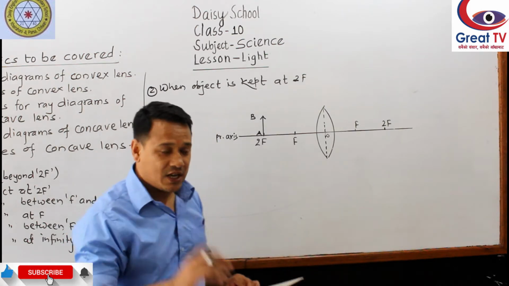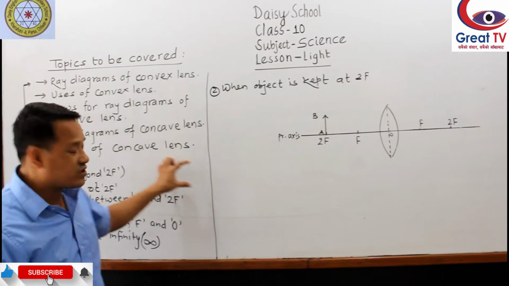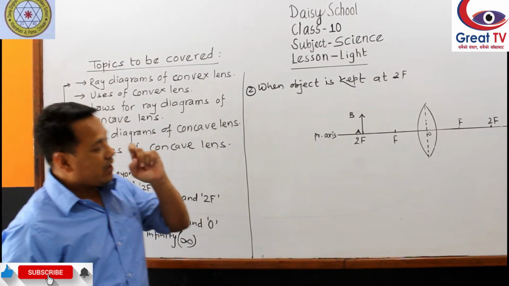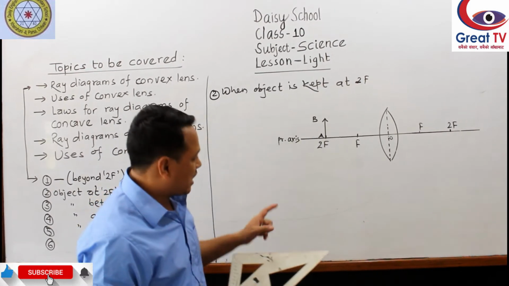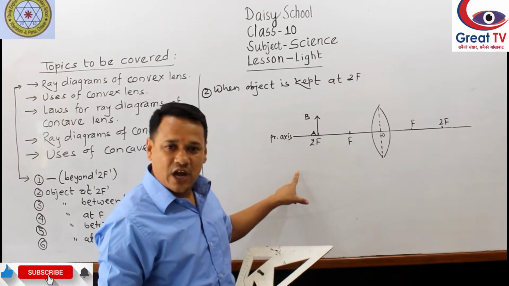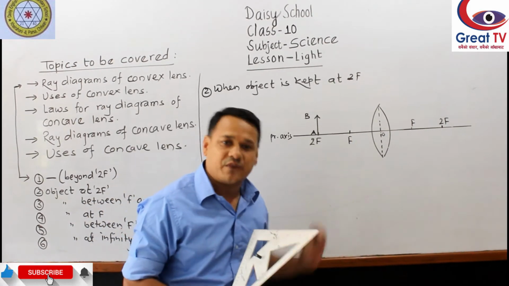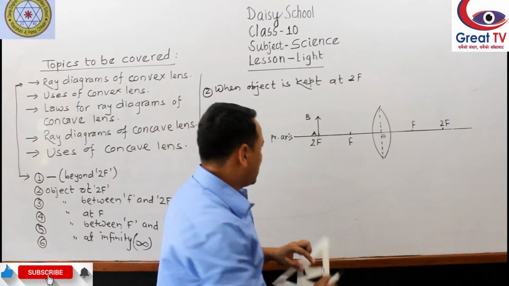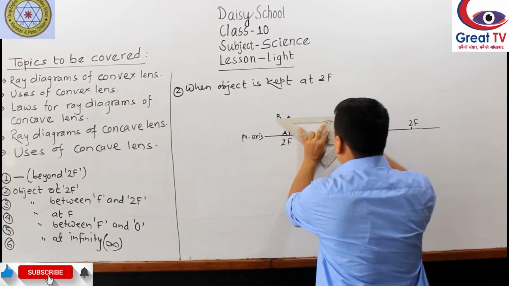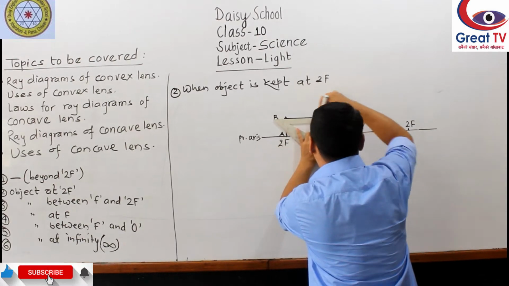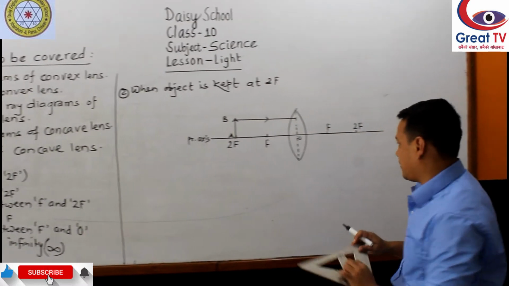But don't forget, in the previous video we discussed the position of object and position of image also. When the object is at 2f, the image should also be found at the 2f position. That's why it is a little bit different. Your measurement must be correct, otherwise you will not get the image at 2f.